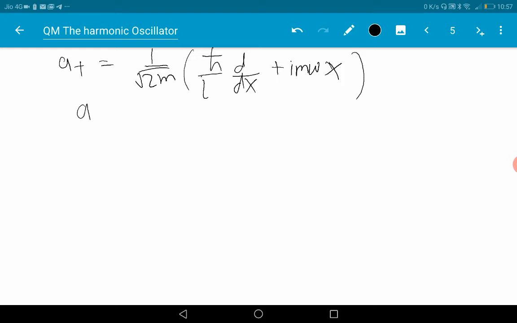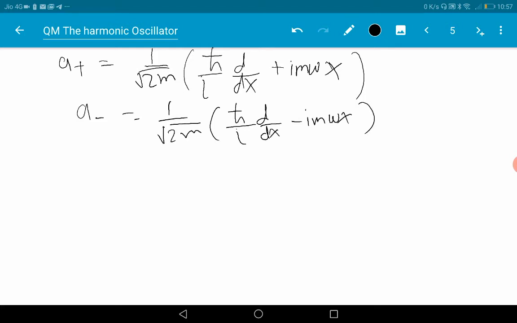Similarly, we will define a minus, which is again the same thing, 1 by root 2m (h cross by i d by dx minus i m omega x).